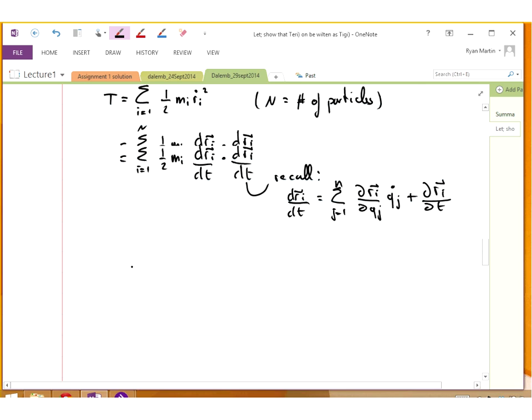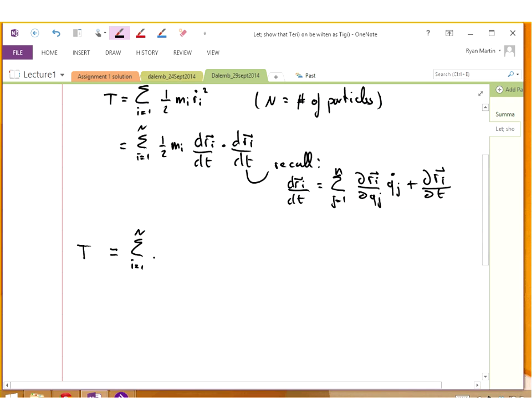So T is equal to the sum of i equals 1 to capital N of a half mi. And now we're just going to write that sum in twice, right? So we have the sum of j equals 1 to n of dri vector by dqj, qj dot, plus dri vector by dt.